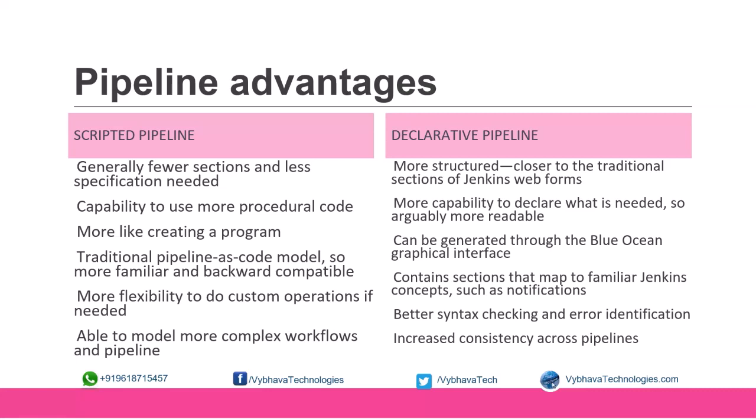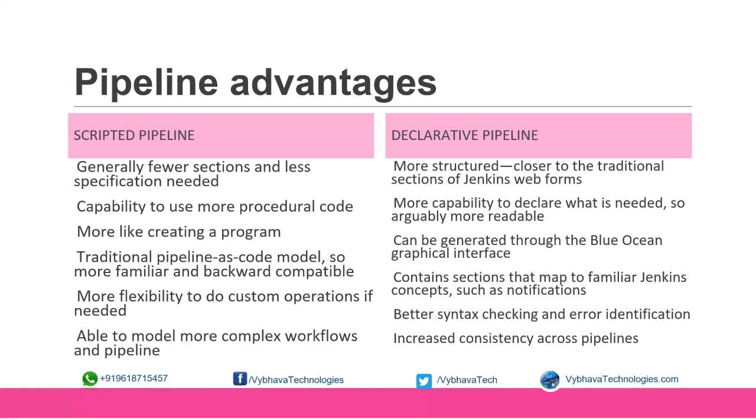In the right side, declarative pipeline, we don't use any Java code, and it doesn't have any backward compatibility. It contains the sections, maps to familiar Jenkins concepts, and it is easy to work with notifications like Slack notifications, email notifications. It is very easy when you just select that one.